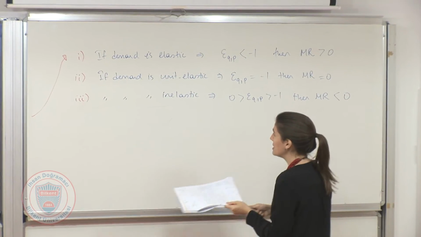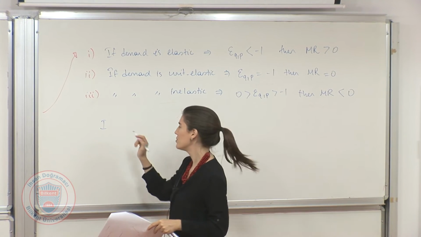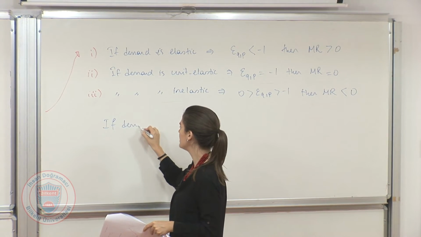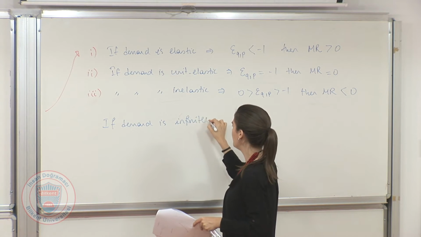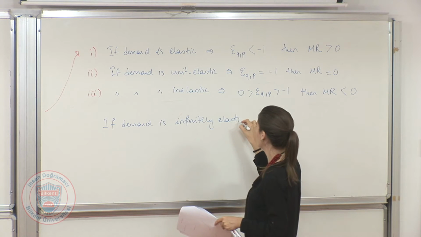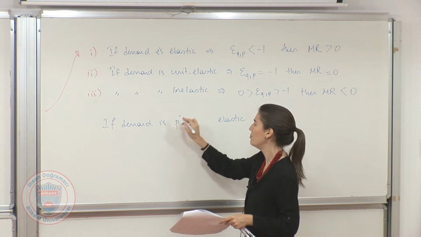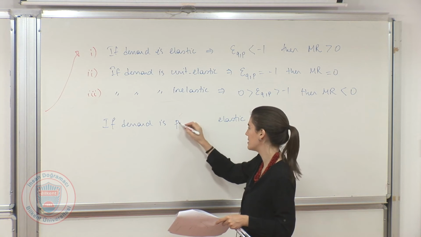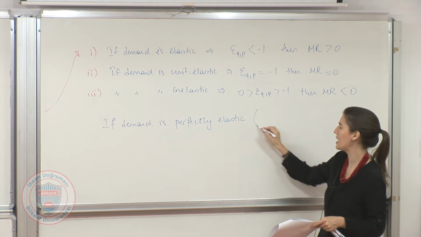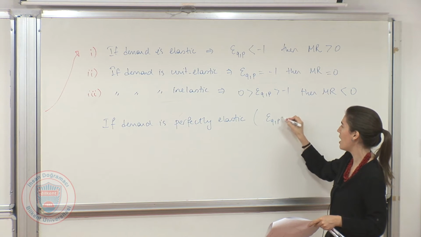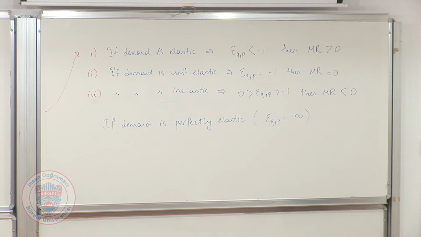Oh, so for instance, if demand is infinitely elastic, or we call it perfectly elastic, meaning that it has an infinite elasticity. If demand is perfectly elastic, meaning that this guy is minus infinity, then what's going to happen?